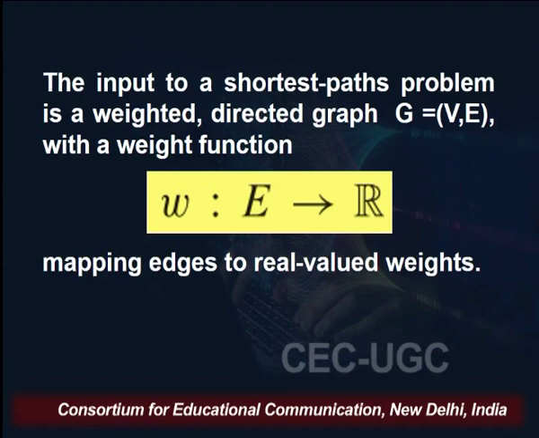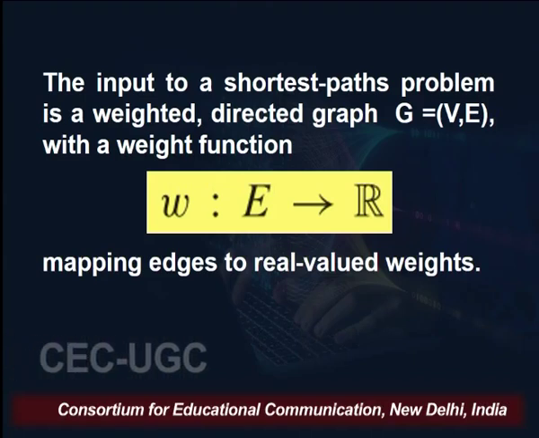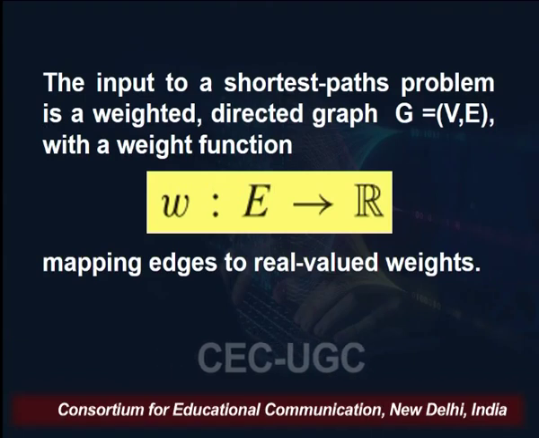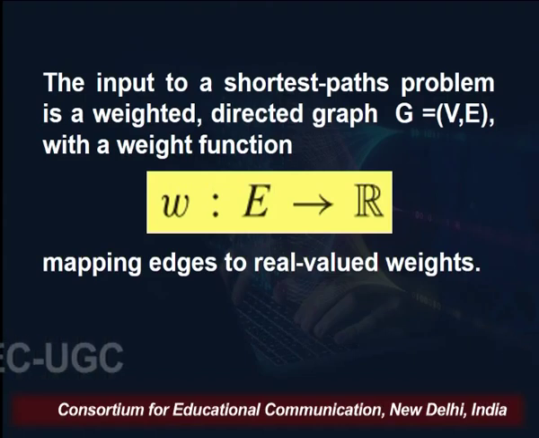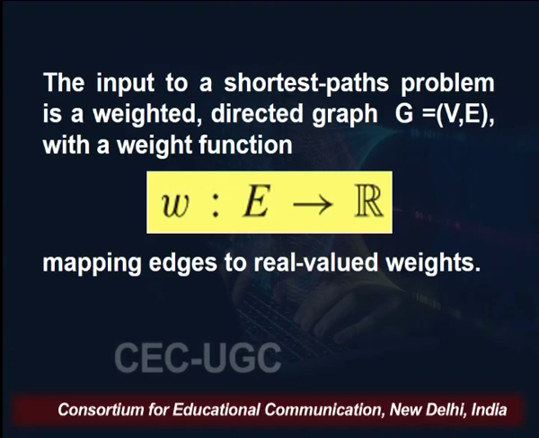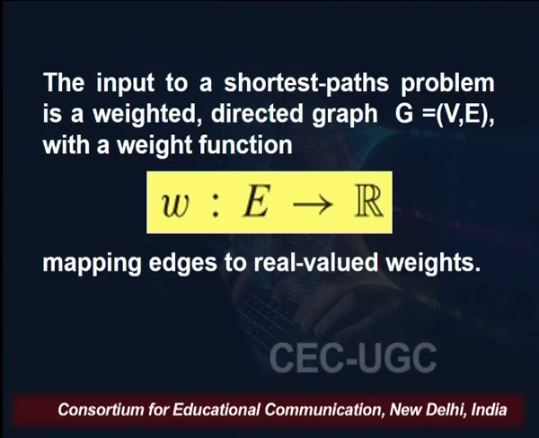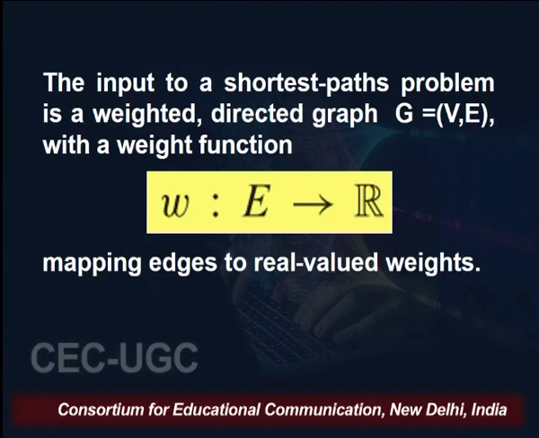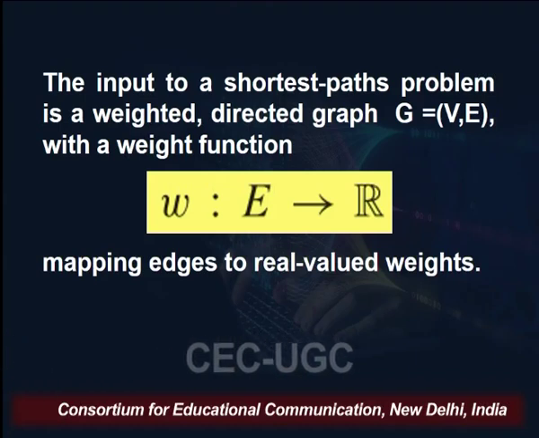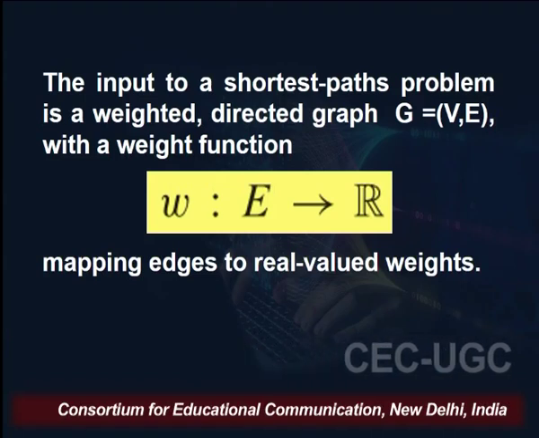Let us denote this weighted and directed graph by G = (V, E), where V is the set of vertices and E is the set of edges, and there is also a weight function W. That weight function maps edges to real valued weights.